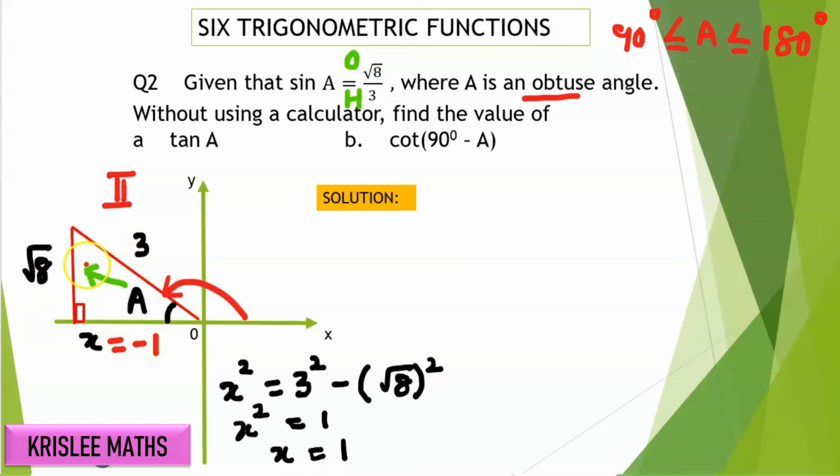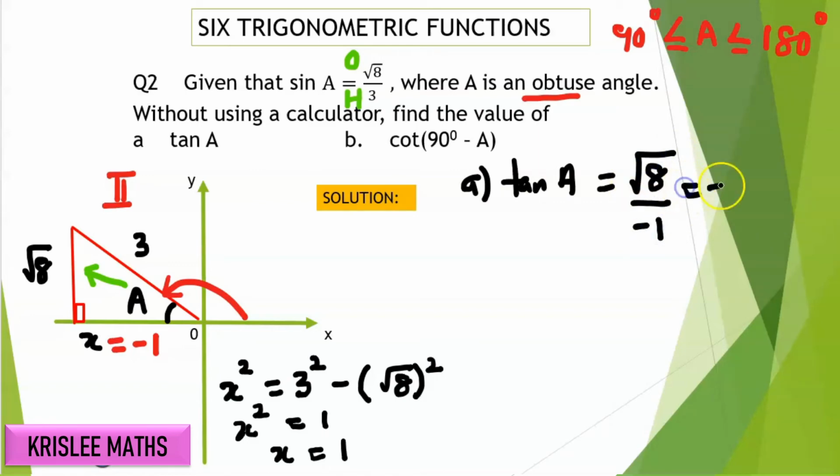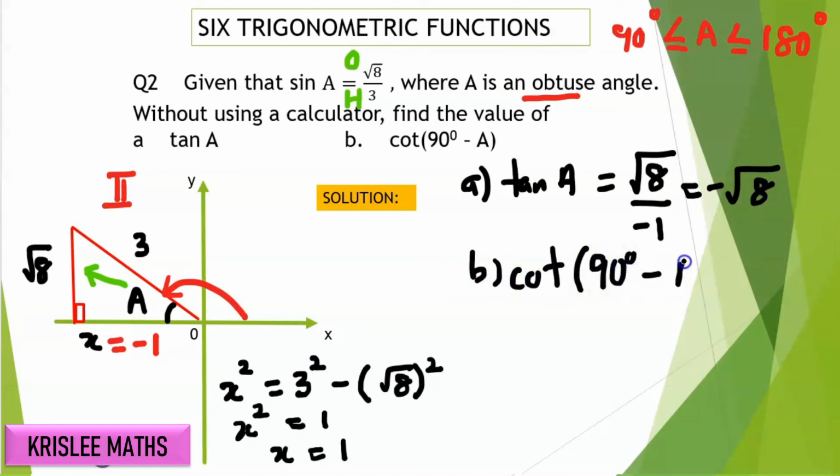Now you have all three sides. Next, find tangent A. Tangent A will be opposite over adjacent, that is square root of 8 over negative 1. Simplify this, and you will get negative square root of 8. Next, cotangent of 90 minus A. Remember, the cofunction of cotangent is tangent.